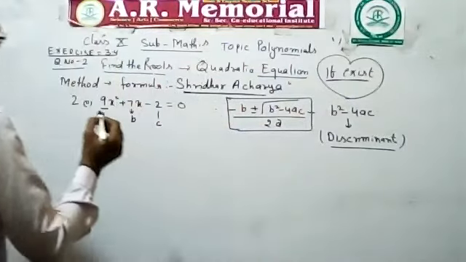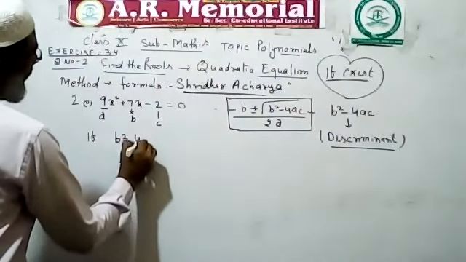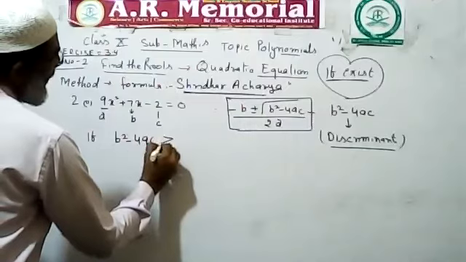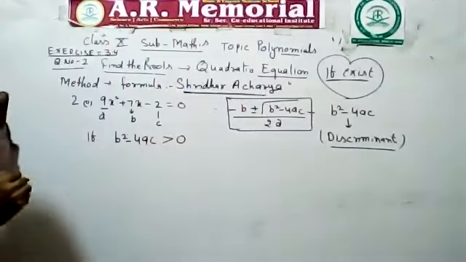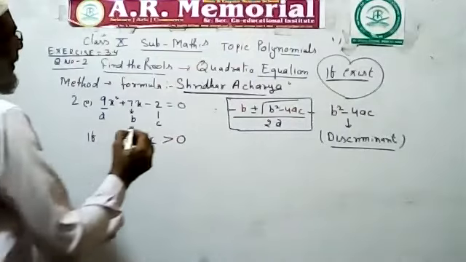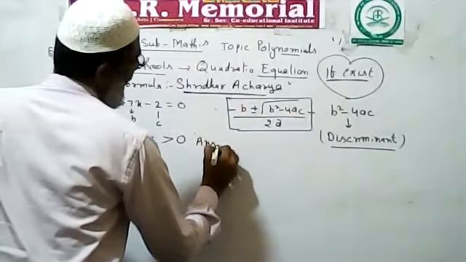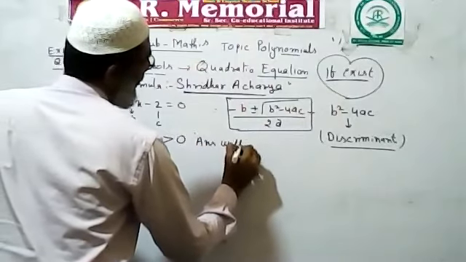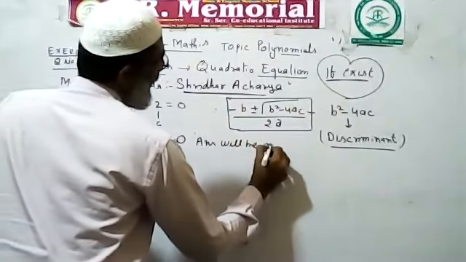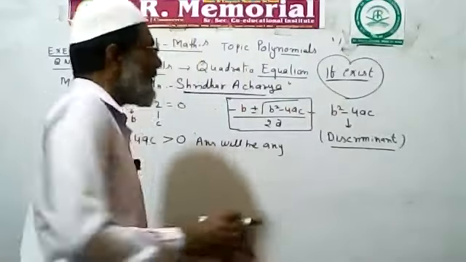First of all, if I solve b square minus 4ac and it is greater than 0, sir, we cannot understand. It means the answer is any positive number.